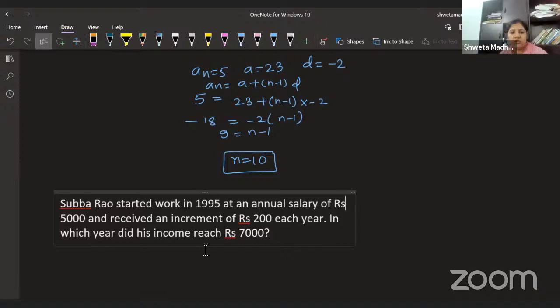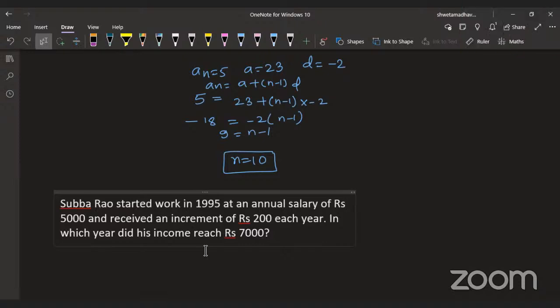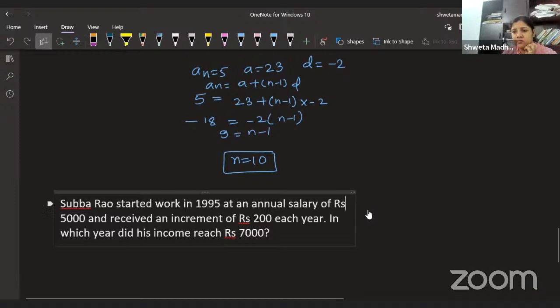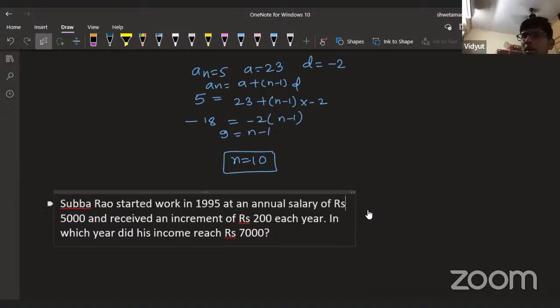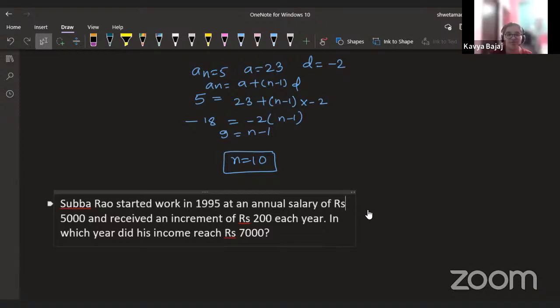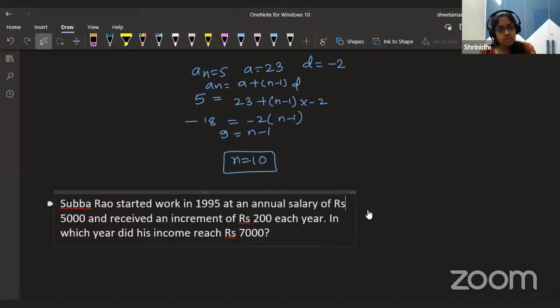What is N for? 11. 2005. Ma'am, 2005. No, I'm getting 2004. Ma'am, I'm getting 2005.